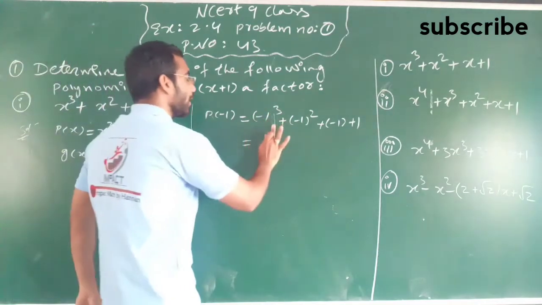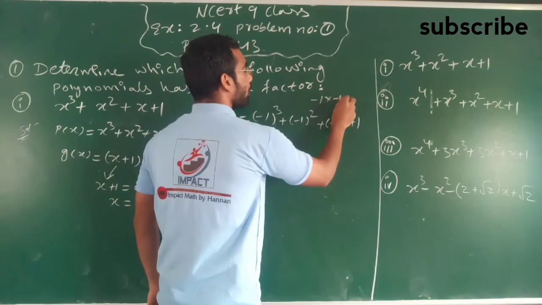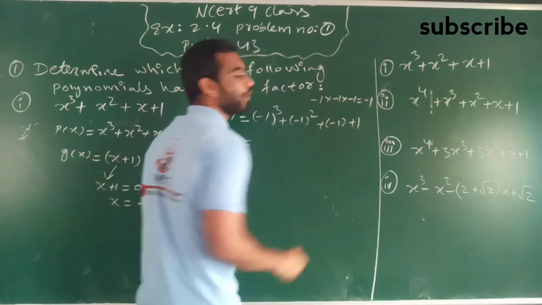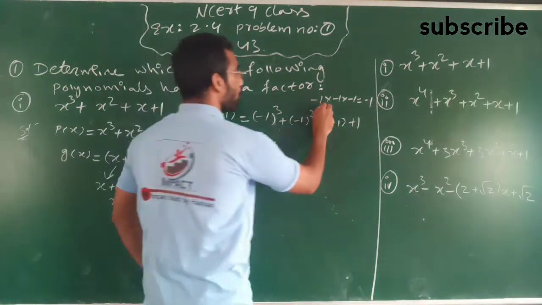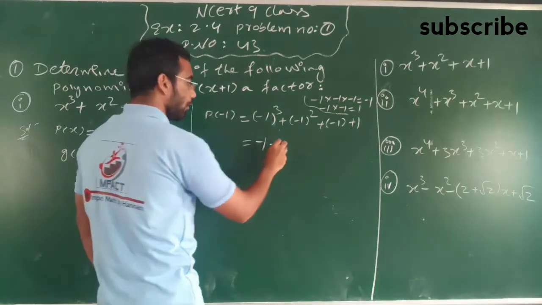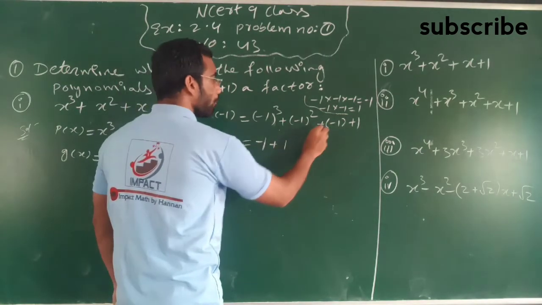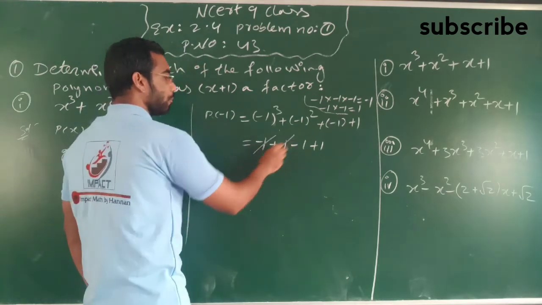Here, minus 1 to the power 3 is minus 1 into minus 1 into minus 1, which is minus 1 only. So it is minus 1 plus, now minus 1 into minus 1 is 1, plus minus 1, plus 1.